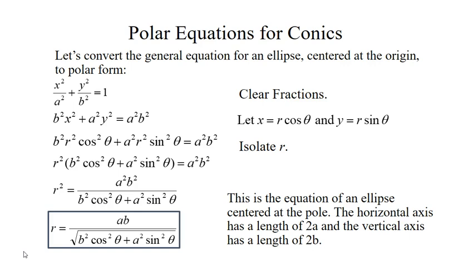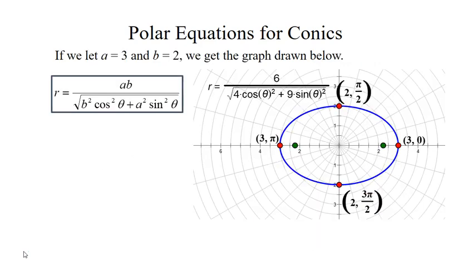So we have the equation of an ellipse centered at the pole. The horizontal axis will have a length of twice a, and the vertical axis will have a length of twice b. Let's let a equal 3 and b equal 2. So we get the equation 6 over the square root of 4 cosine squared theta plus 9 sine squared theta.